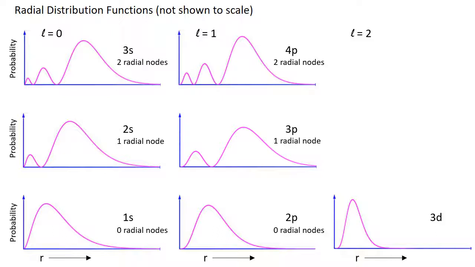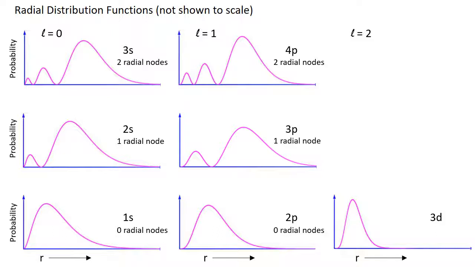So remember that our radial scale is not shown to scale. So it's not true that the 3d orbital is more compressed towards the nucleus than the 3p orbital, or more compressed toward the nucleus than the 1s orbital. So again, notice that these are not to scale along the r-axis.